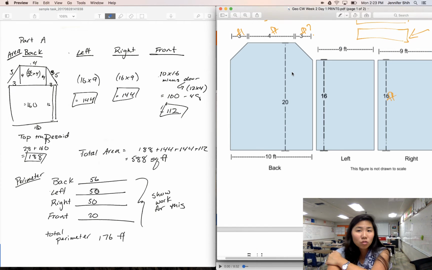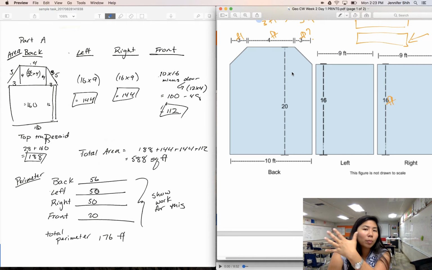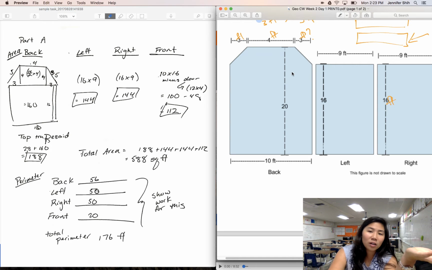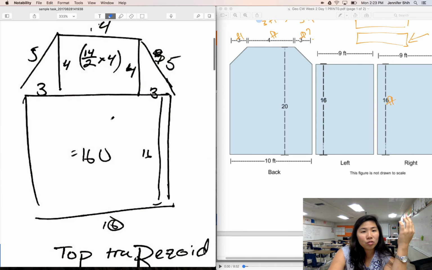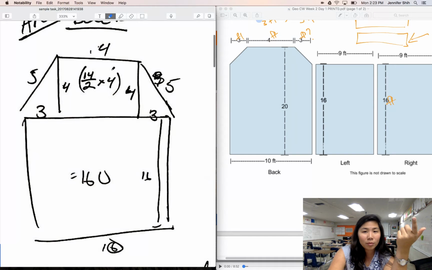The back is a little tricky because it's a weird shape, and there are multiple ways you can calculate this. If you know the area of a trapezoid, then you're good, because you can split it up into a trapezoid at the top and then a rectangle, so it becomes a composite area. What was tricky, that you should know, is that the top is 4.